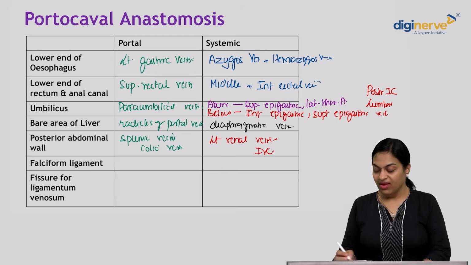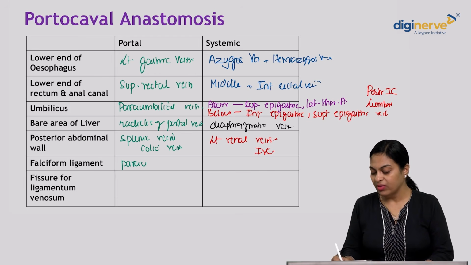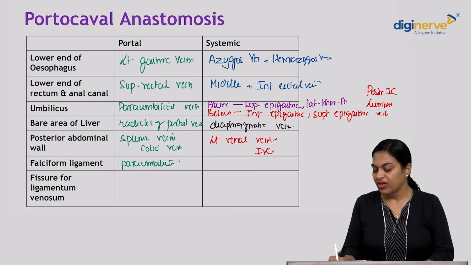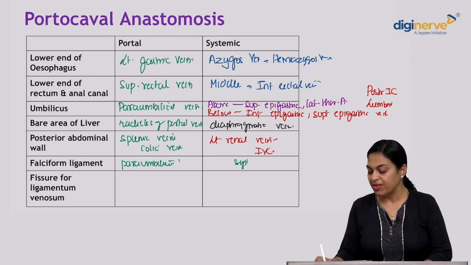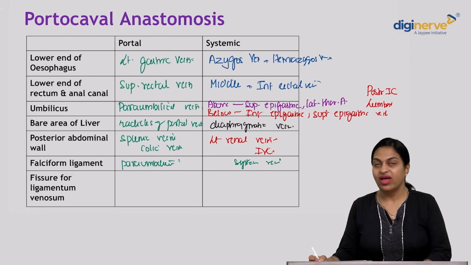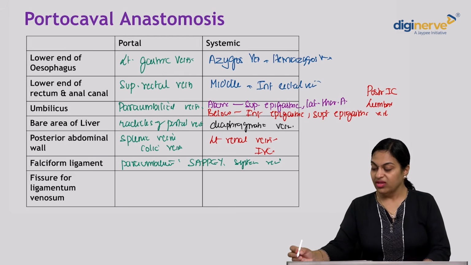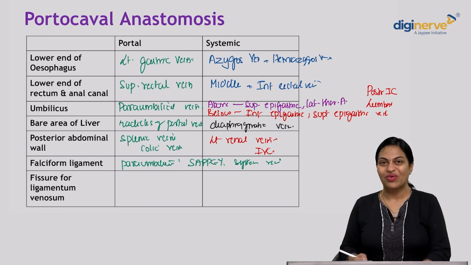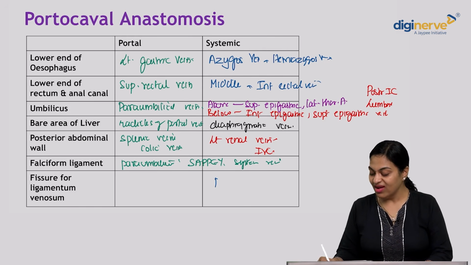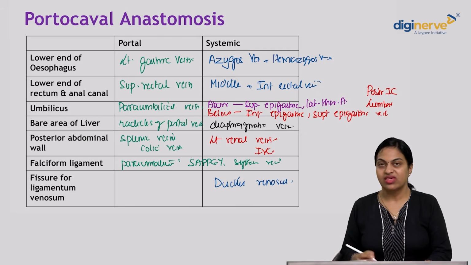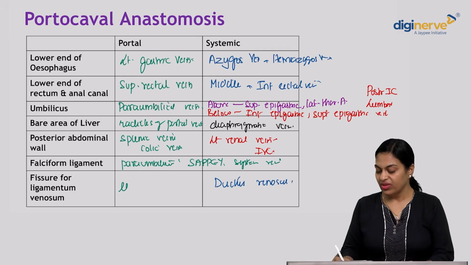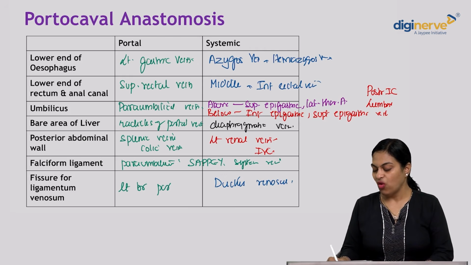Falciform ligament, we have the para-umbilical veins, which will communicate with the systemic veins through the accessory portal system of Sappey. Okay, and the fissure for ligamentum venosum, yes, we have the ductus venosus, which will join to the left branch of portal vein.